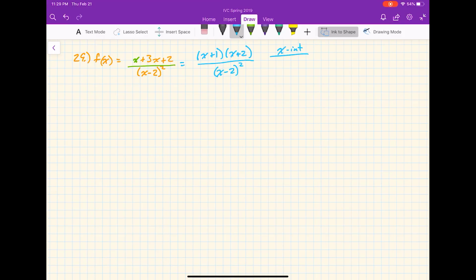So we're going to find our x-intercepts. That's setting the numerator to equal 0. And we're just going to end up with -1 and -2. So I'll just write those down here. Those are our 2 points, -1, 0 and -2, 0. Find our y-intercept, and that is setting all of our x's to equal 0.